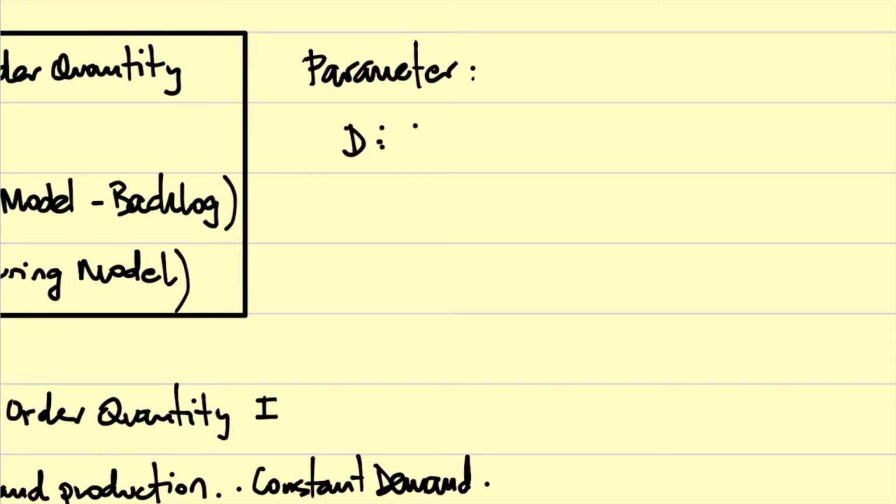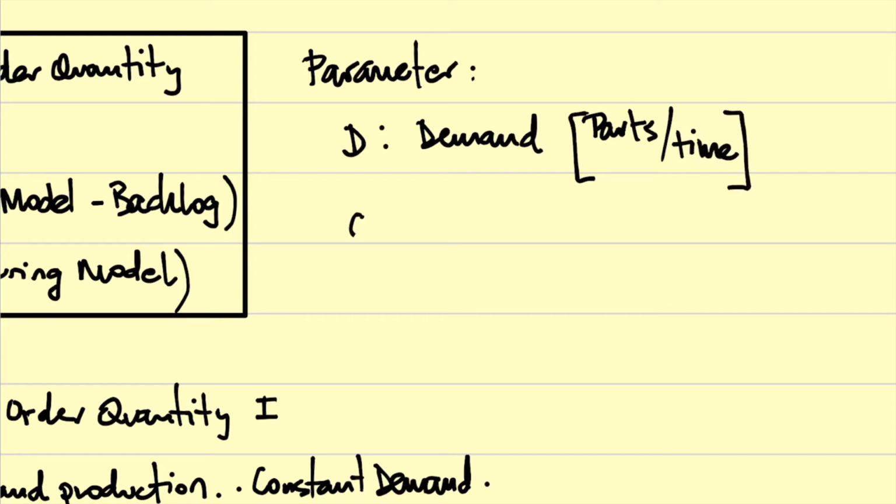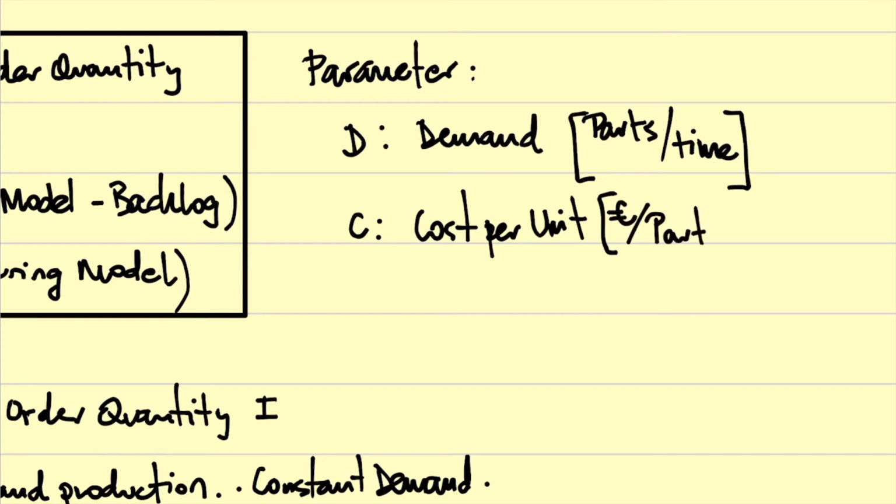D is the demand, measured in parts per time. C is the cost per unit, measured in euros per part. A, we are going to call it setup cost.